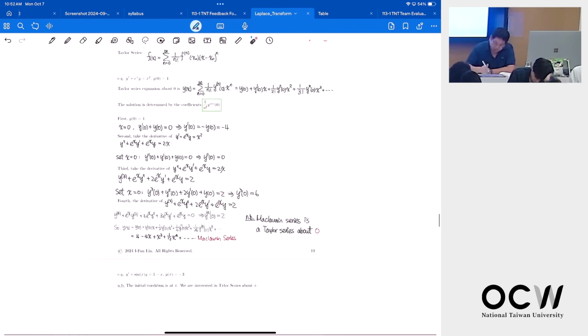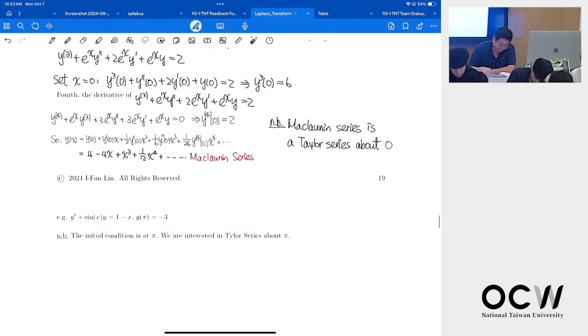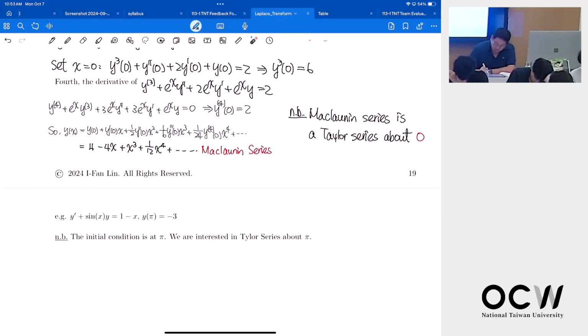As you can see that we want to determine those coefficients, and if you still want to find the Taylor series about 0, then we cannot use the initial condition. So that's why we need a Taylor series about pi. Okay. So how do we write the Taylor series about pi?